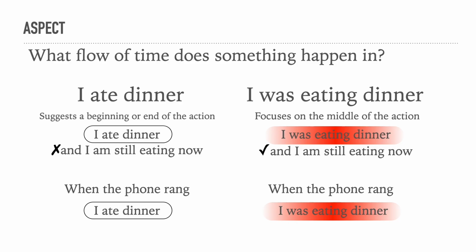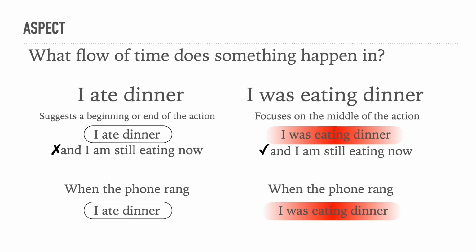And if we look at another example where we add something to the context, if I said, "When the phone rang, I ate dinner," and I also said, "When the phone rang, I was eating dinner," even though this all happened in the past, they're two different sentences.